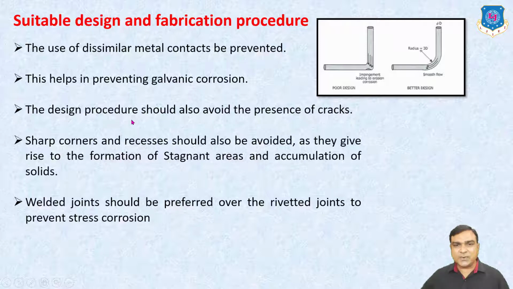The design procedure should also avoid the presence of cracks, sharp corners, and recesses, as they give rise to the formation of stagnant areas and accumulation of solids. Welded joints should be preferred over riveted joints to prevent stress corrosion.